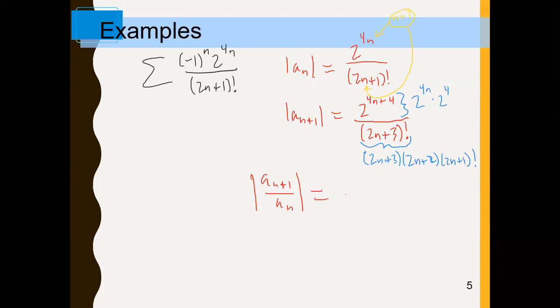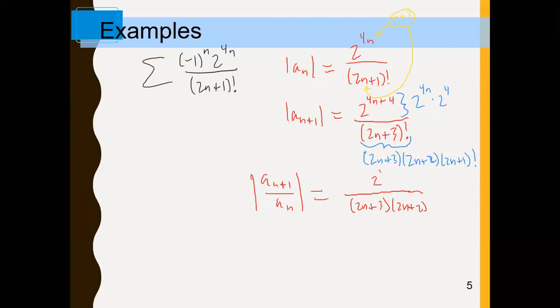Help me out. Remember, I have a fraction over a fraction. In a_{n+1}, there's going to be 2 surviving factors, 2n plus 3 and 2n plus 2. And then you have to remember that from a_{n+1}, I'm going to have 2 to the 4th left.